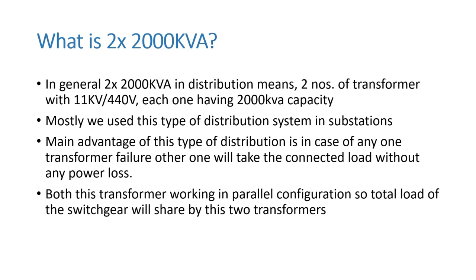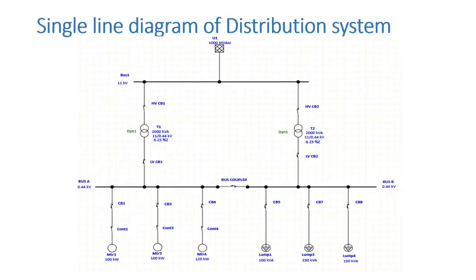Mostly we use this type of distribution system in electrical substations, from high voltage 11 kV to 440 volt distribution side. The advantage of this type of distribution system is that it has two transformers which are connected in parallel to the switch gear.